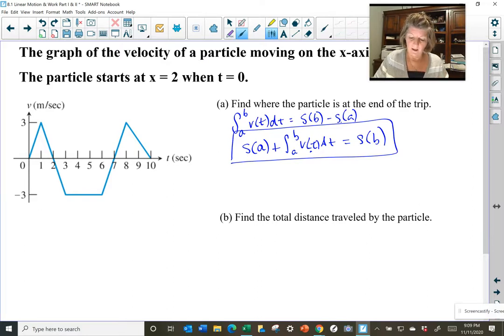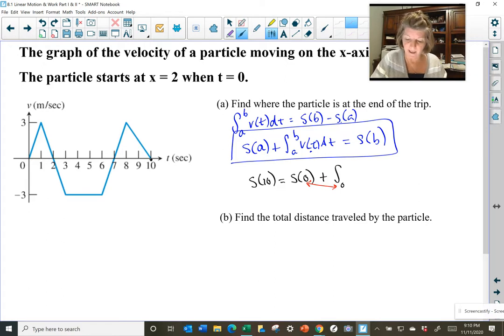So where will the particle be at the end of the trip? I need to know, where did it start? Okay, it started at 2. I want to make it really abundantly clear. It looks like we go to 10. So S of 10 will be equal to where I started, S of 0, plus, now I need my integral beginning spot to match where I left off with that position.